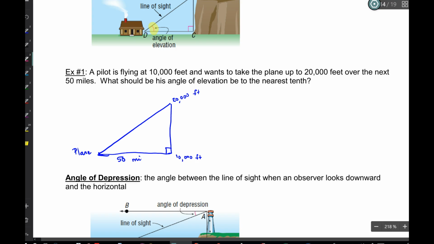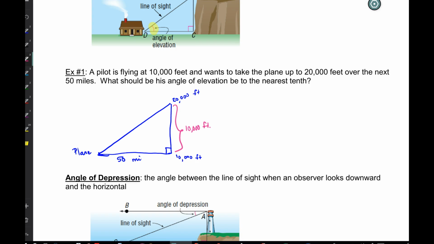So this actual length is 10,000 feet. Does that make sense? The airplane is already in the air, already at 10,000 feet. It wants to go up to 20,000 feet.